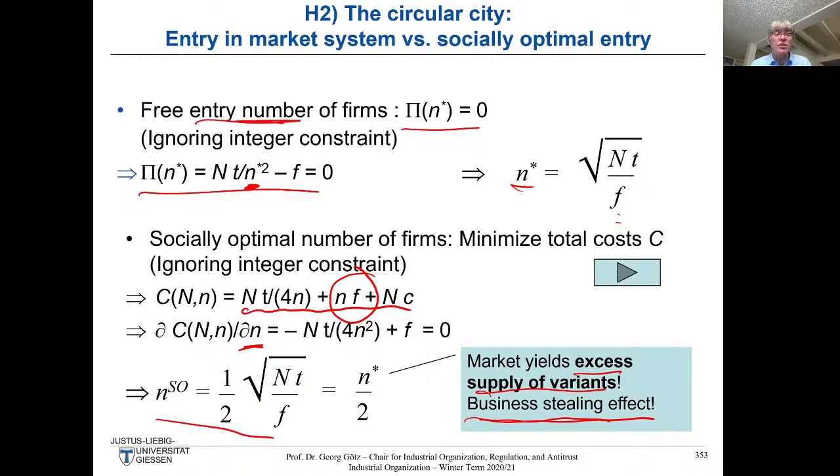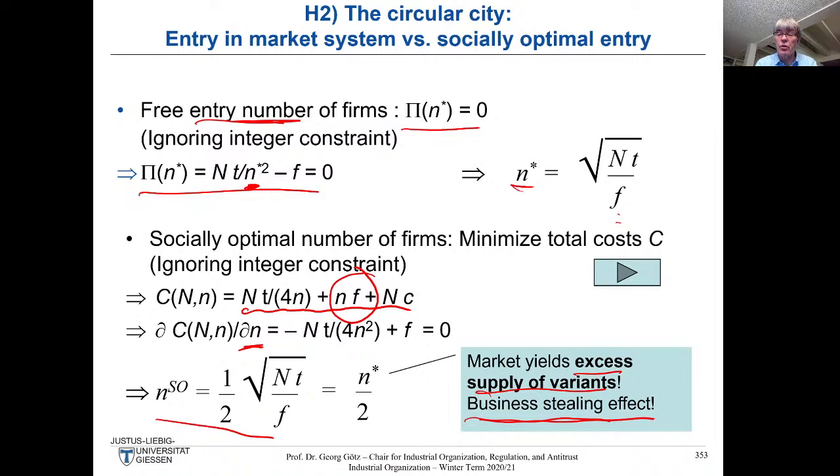And if you look at all these many cineplexes or shopping centers, which at some point in time might go bankrupt and might even be abandoned, perhaps it's not too bad an idea to regulate that. At least if you happen to work as a consultant for the city government of Gießen or of some other city, at least you might come up with this model showing you that there is overentry.